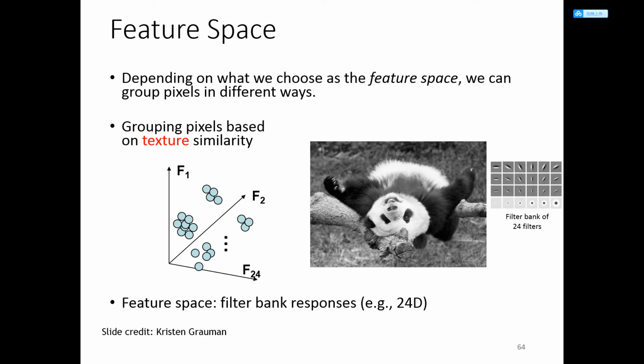You can use different filters, for example, if I have a filter bank of 24 filters, and I take a pixel, I apply the filters to the neighborhood of that pixel. Then I will have a 24-dimensional vector, right? So I can also do segmentation in this 24-dimensional space.